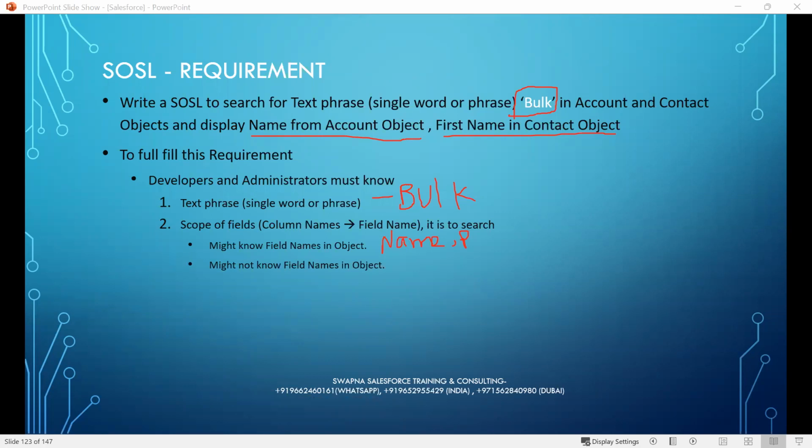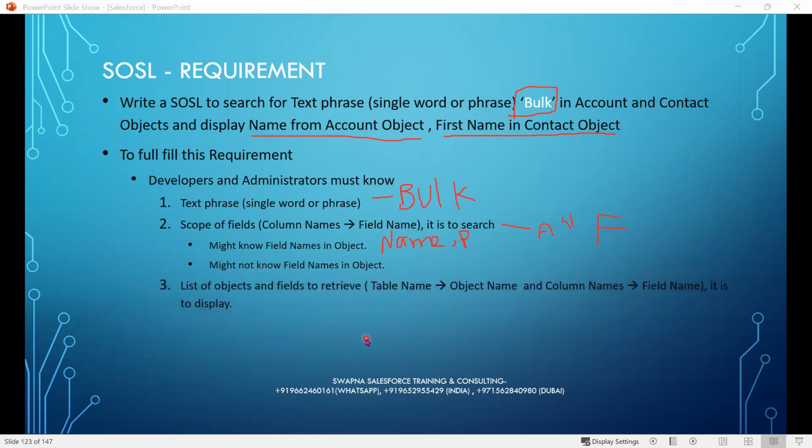Whenever we don't know which fields are in the object, we basically say search in all fields, because I don't know which field. So search all fields. If you look at the requirement, where to search is not mentioned. Let's assume all fields.